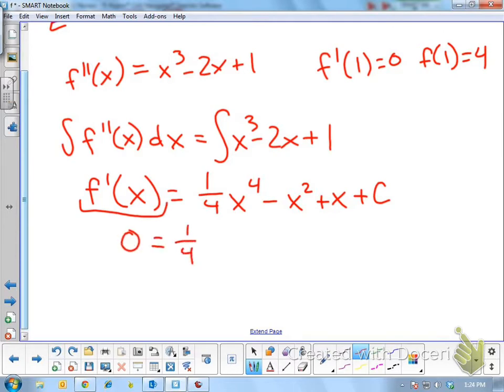We replace all the x's with 1. So these would cancel each other out, negative 1 squared and 1, because 1 squared is 1, negative 1 plus 1 is 0. So what will C be? Negative 1/4.